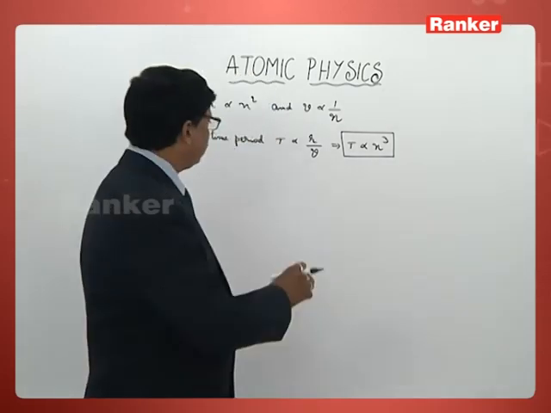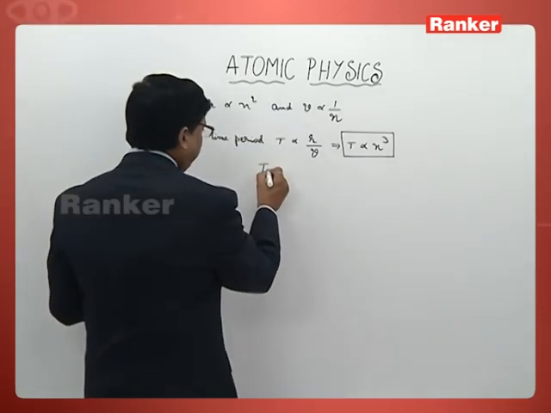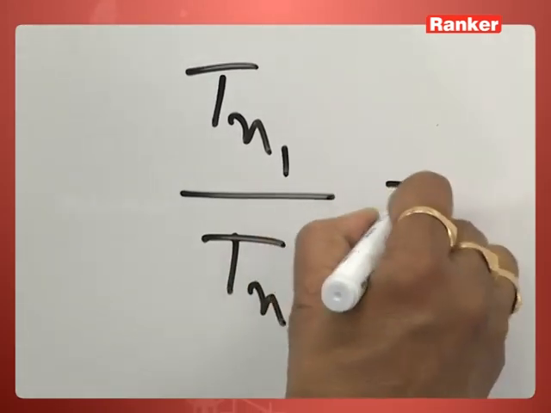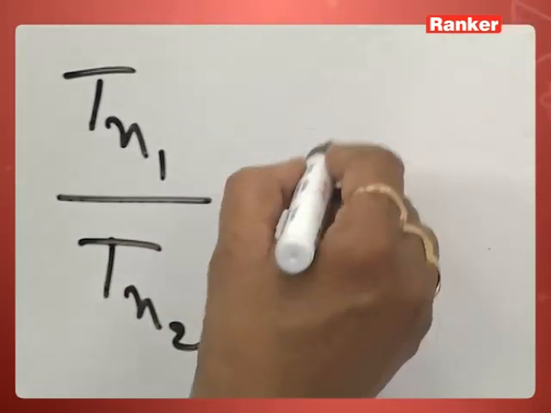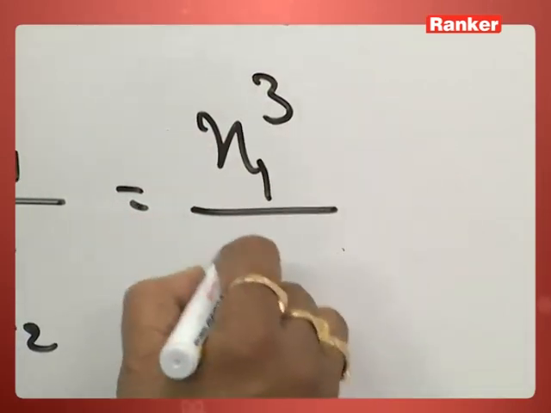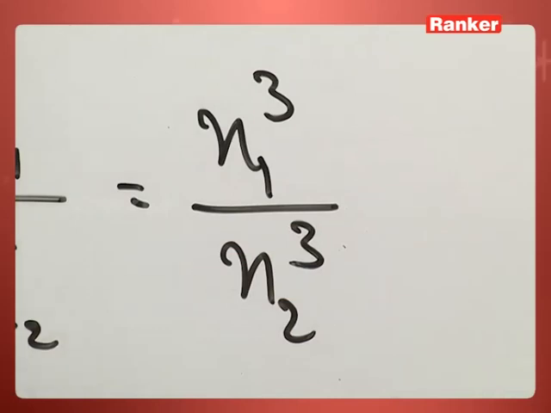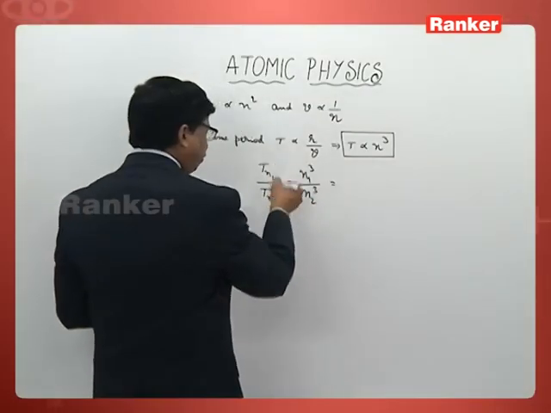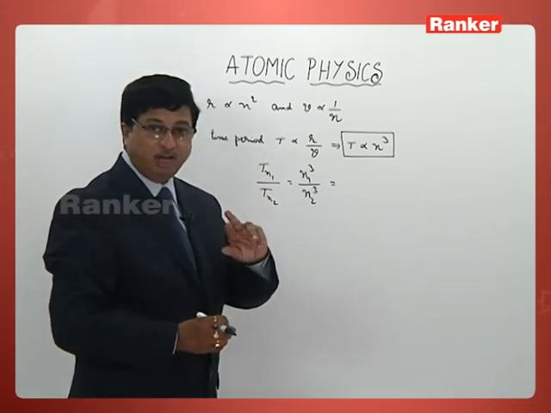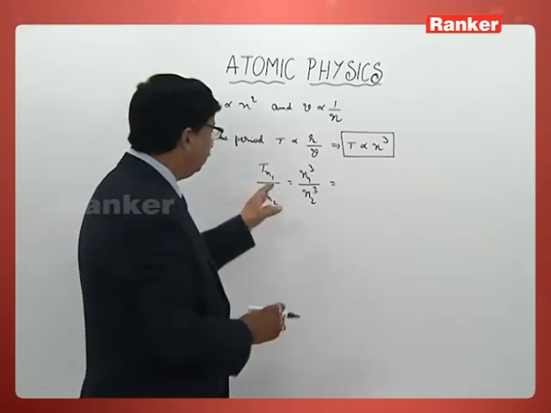So what he is talking about, you see now, is time period in the initial state by time period in the final state. That is n1 cube by n2 cube. What is this ratio he has given? Time period in the initial state is 8 times the time period in the final state.